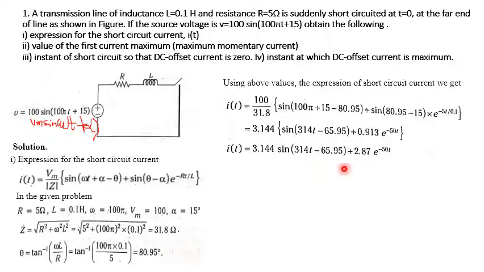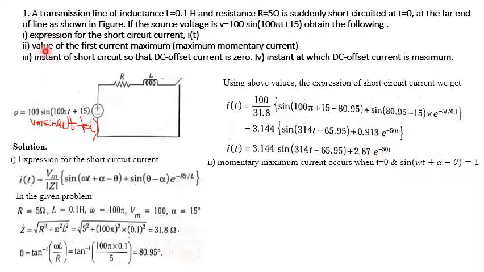So I have to compare this equation with respect to this equation. If you want, you can consider this as equation 1. This is the expression we will see in examination. By substituting this we will get 65.95, it is 2.87 e to the power of minus 50 t.